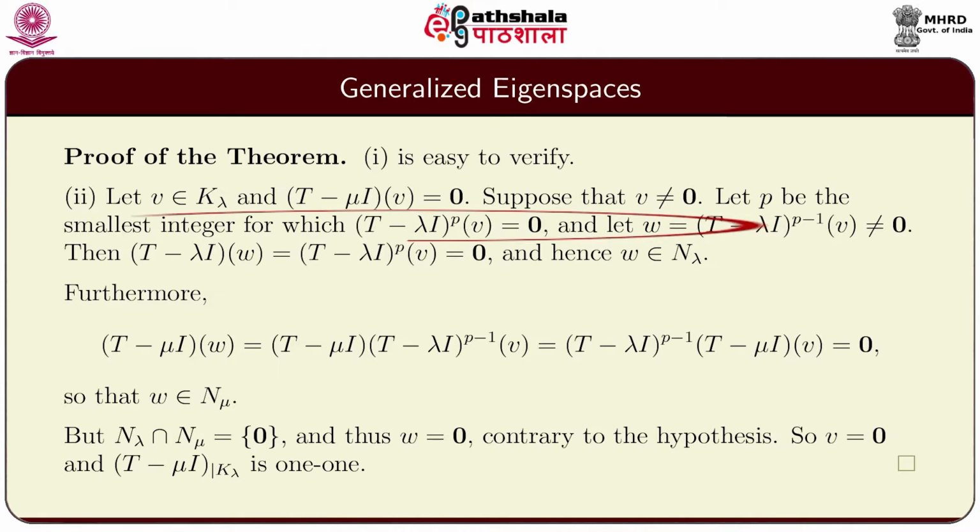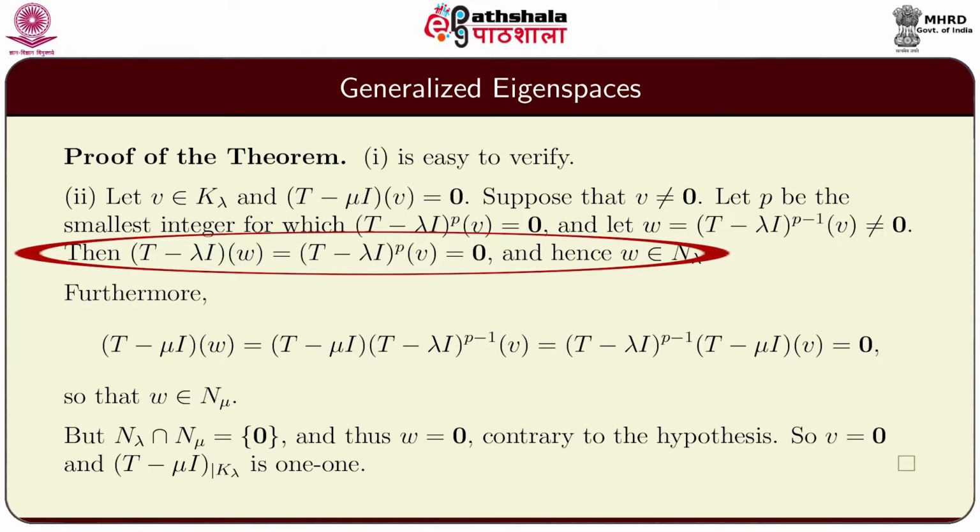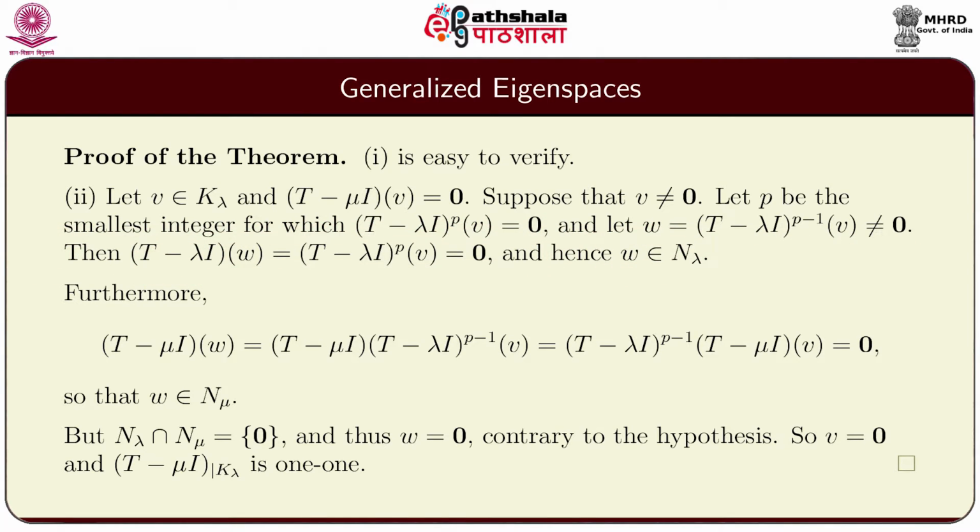Let p be the smallest integer for which (T − λI)^p(v) is 0, and p being the smallest integer, we can say that (T − λI)^(p−1)(v) is not 0. Let us call that vector w. Then (T − λI)(w), which is the same as (T − λI)^p(v), is 0, and therefore we get w is in N_λ, the eigenspace of λ.